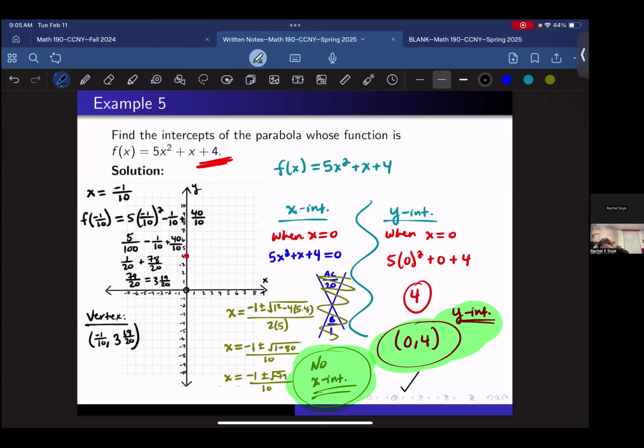Which is, say, right here. And do that little reflection. So we're looking at a parabola, it's fanning upwards. It's going to be something like this.